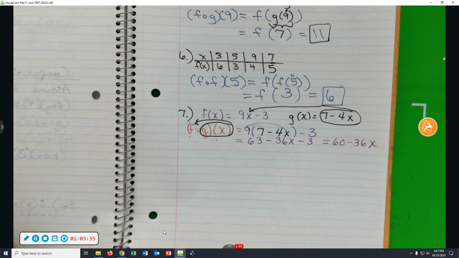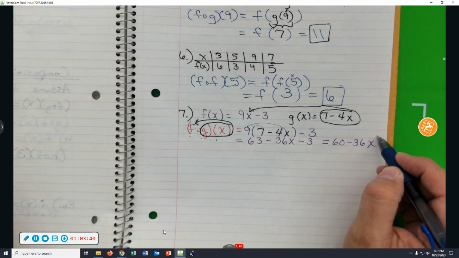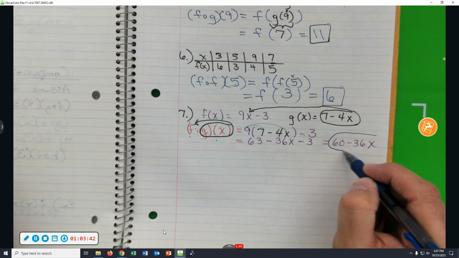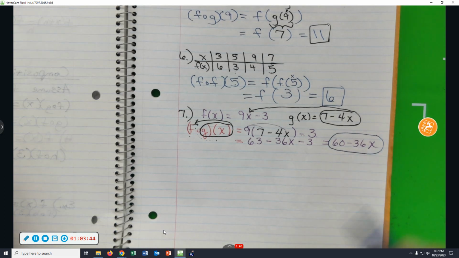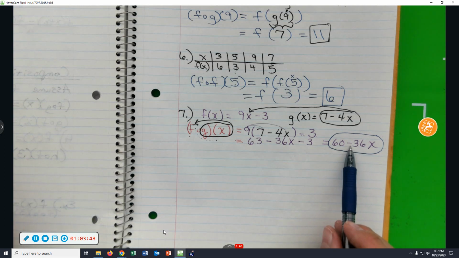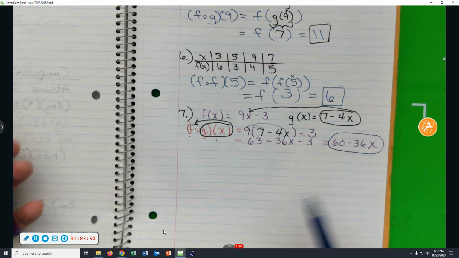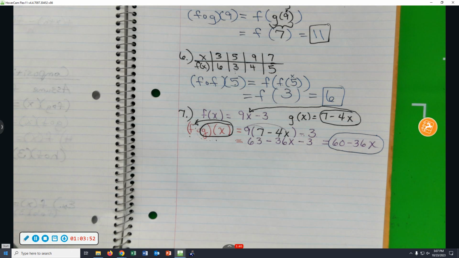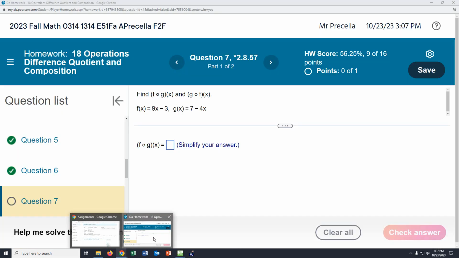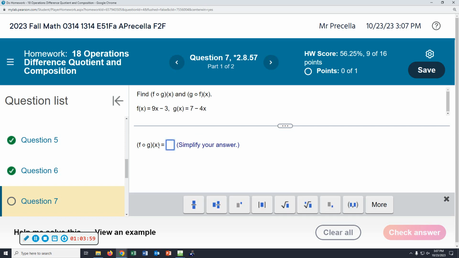Be careful, don't subtract 60 and 36, don't get a 24. Those aren't like terms. Sometimes students like to write it with the x first, negative 36x plus 60. I'll leave it like that. It's 60 minus 36x. Is that how you would do it, Tim? I leave it like that.